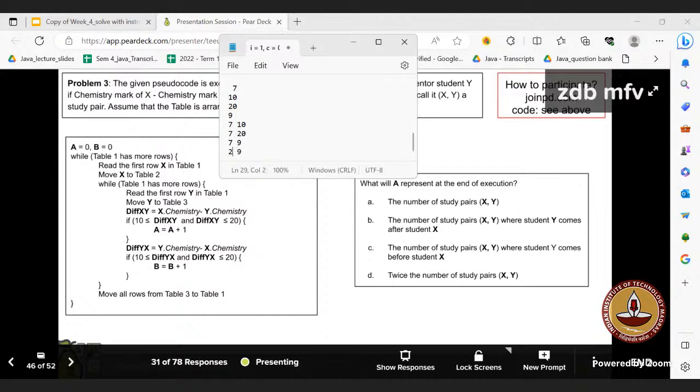Then 10, 20 you will check. Then 10, 9 you will check. Then finally you will check for 20, 9.